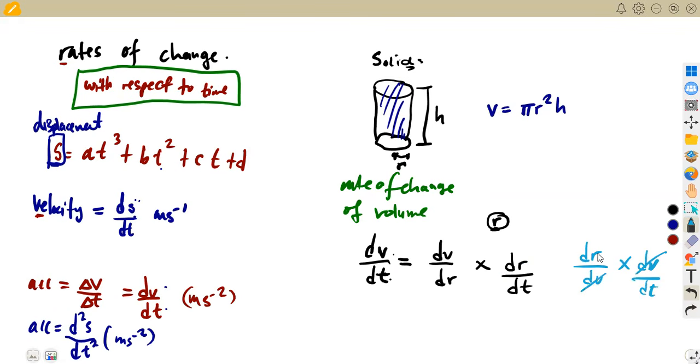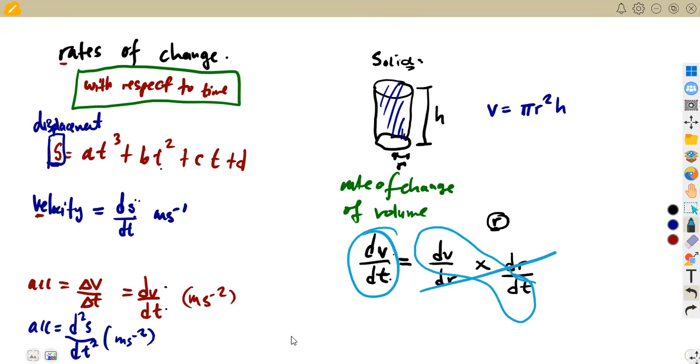If you cancel this, it is giving dr/dt, not dV/dt. So on that condition, you'll be having a wrong formula. So check your formula to see that if these cancel, you obtain dV/dt. If you're obtaining that, then your formula is correct, whereby this is the derivative of V with respect to the radius, times r with respect to time.